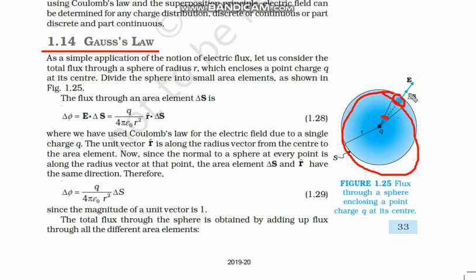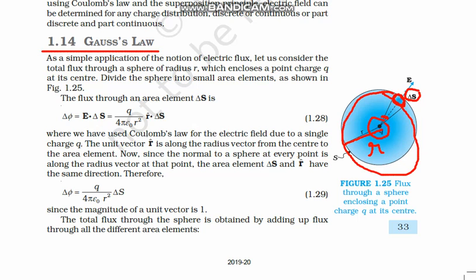Since this is a sphere, there is a charge small q inside it, at the center, and we take a very small area element delta S on its surface. The radius of this surface is small r, and this area element is delta S.